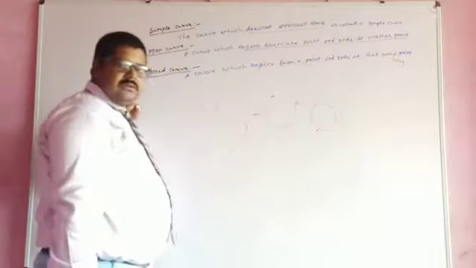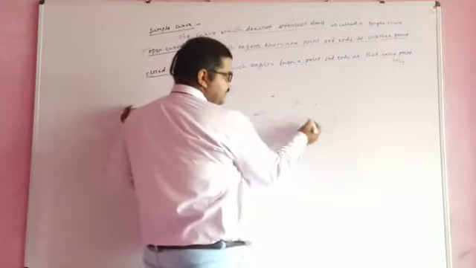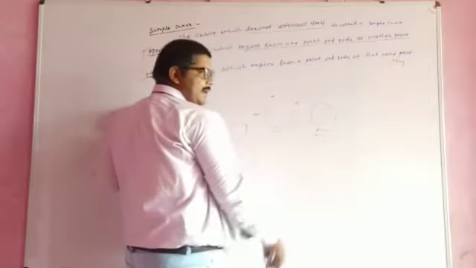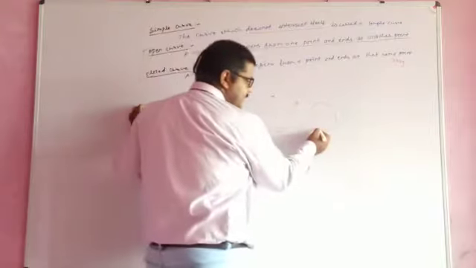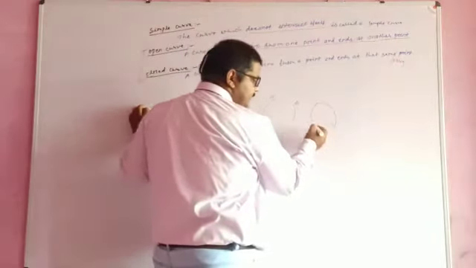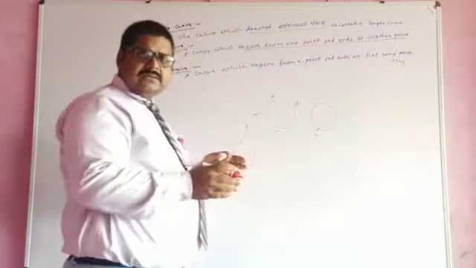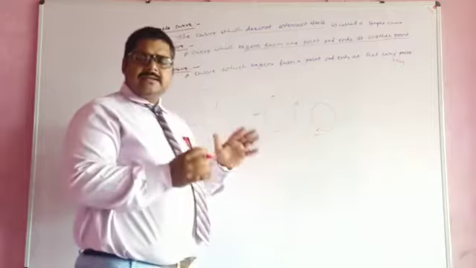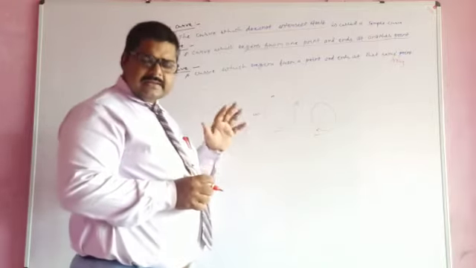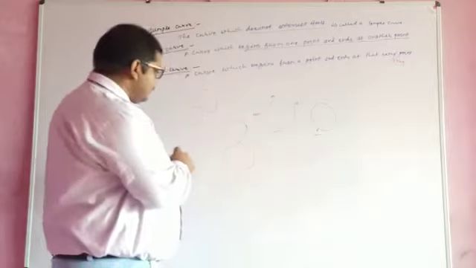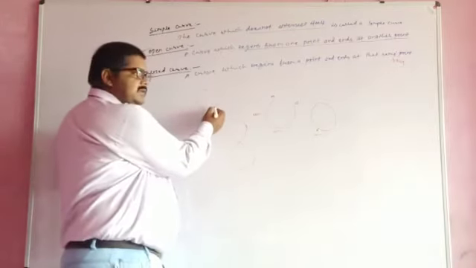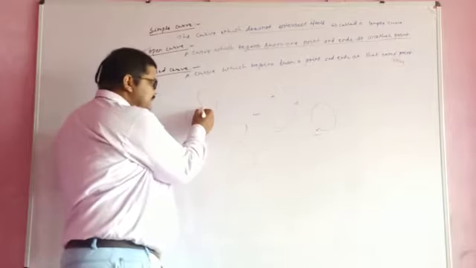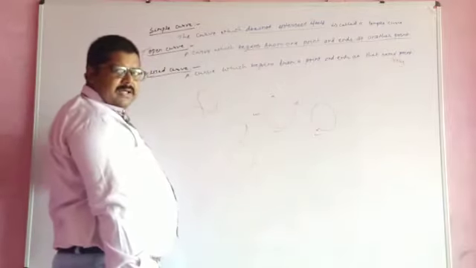Actually, my dear, you can see that these two curves start from here and end at B. In this one it starts from O and ends at O. It means there is no other point where this line intersects. However, in this case you can see that it starts from here and intersects itself at this point.